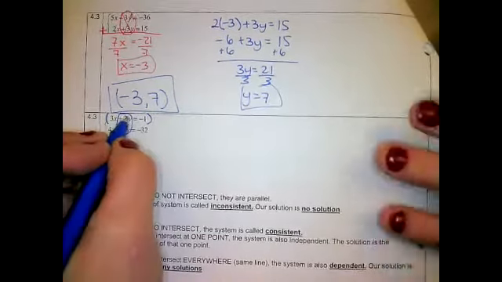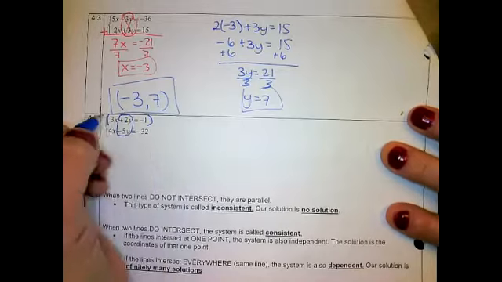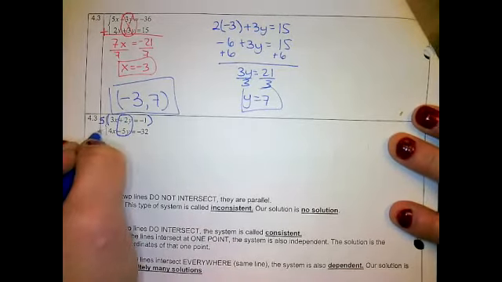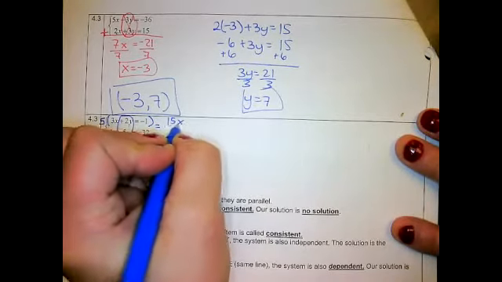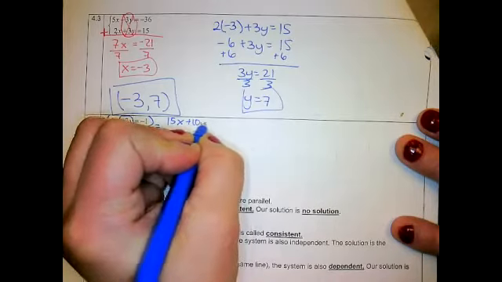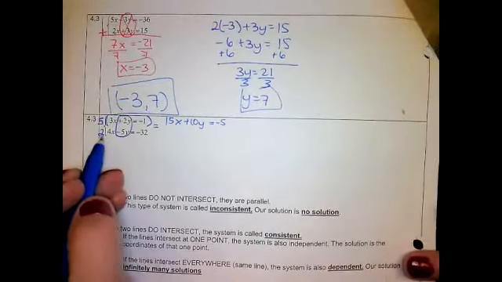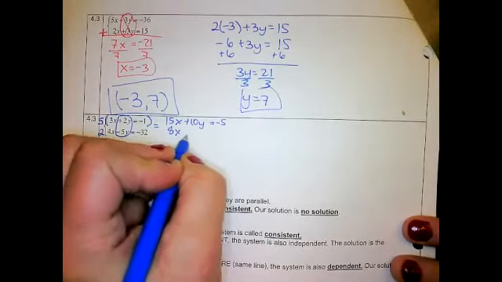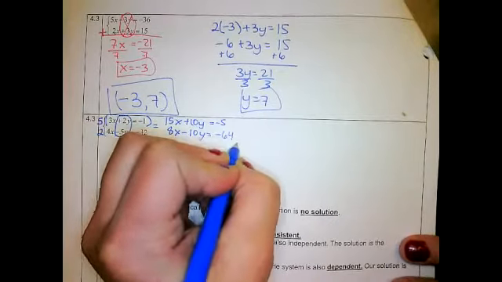So 2 and 5, the least common multiple, the first number they both go into is 10. That means I need to multiply 2 times 5, and I need to multiply 5 times 2. So that's going to give me a 15x plus 10y equals negative 5. If I multiply this 2 times every single term, that's going to give me an 8x minus 10y equals negative 64.